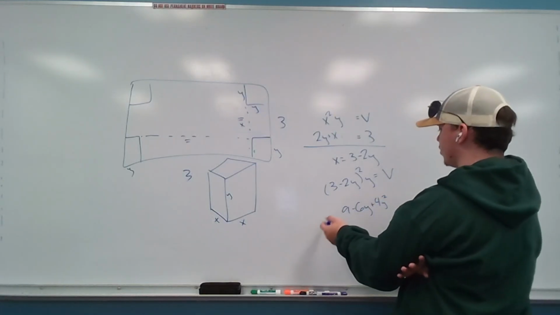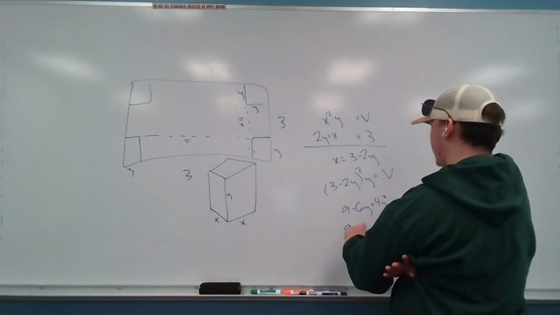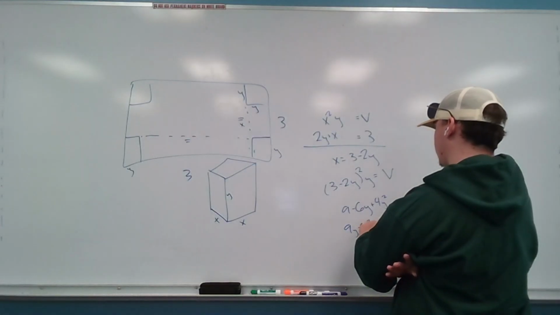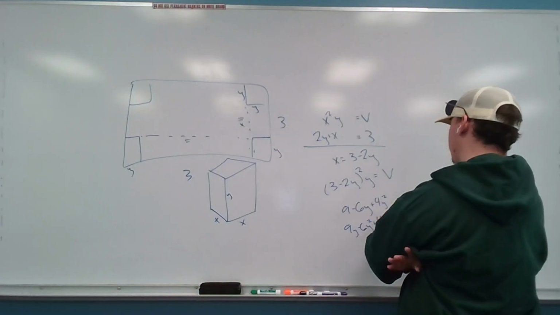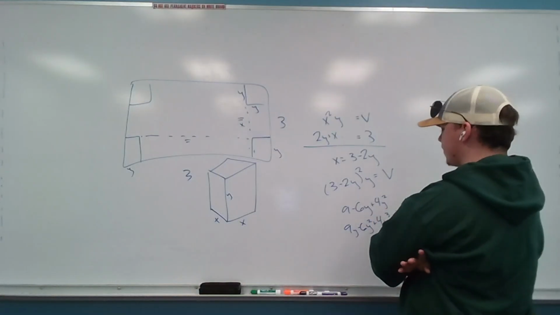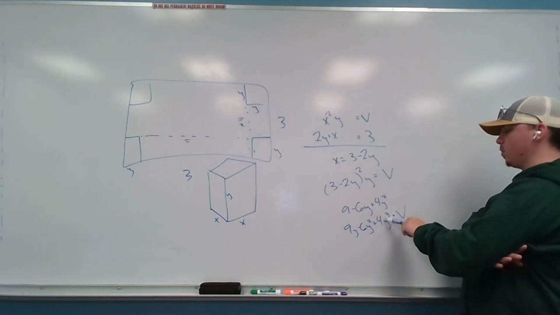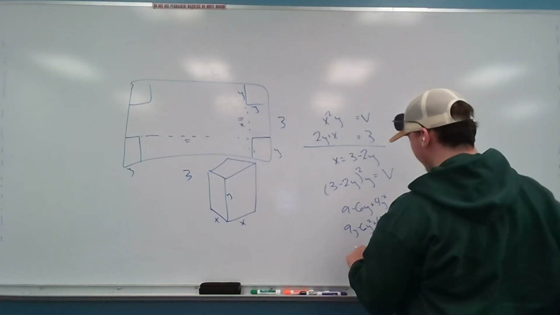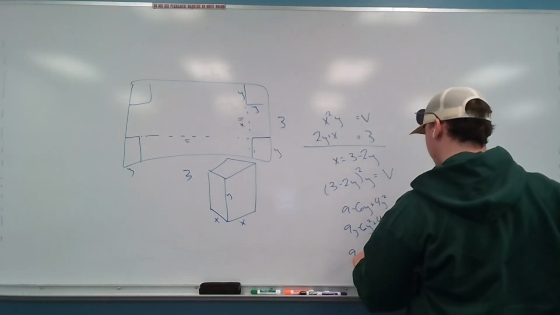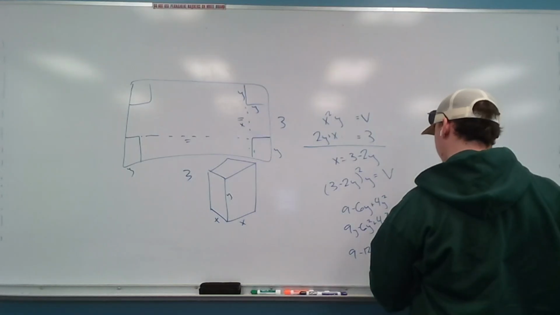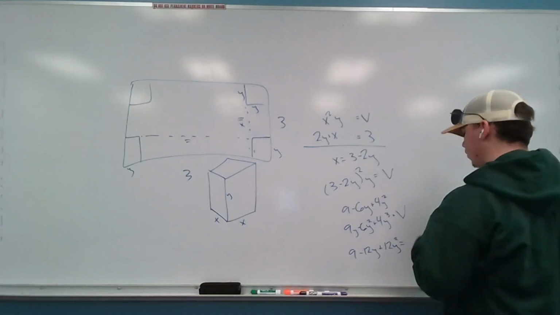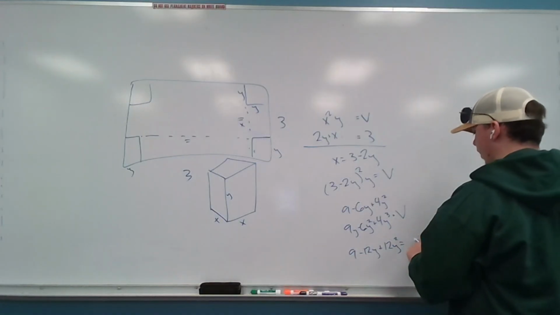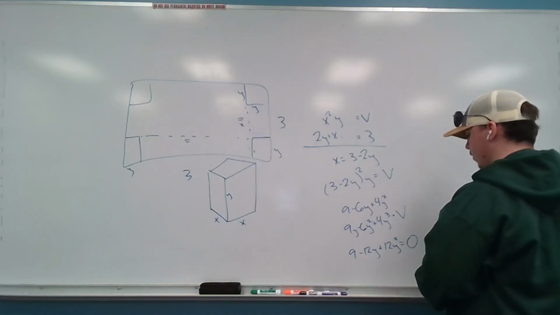All of that times y, so 9y minus 6y squared plus 4y cubed equals volume. This makes sense because volume is going to be a cubic thing. So now we take the derivative, 9 minus 12y plus 12y squared, going to be equal to, for where it crosses, so it's going to be equal to 0.